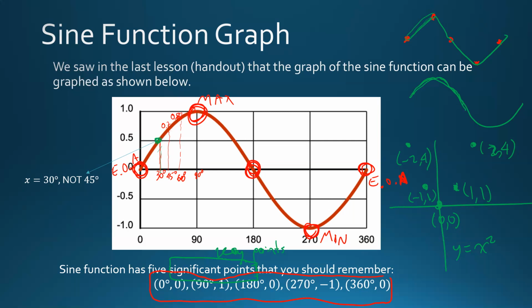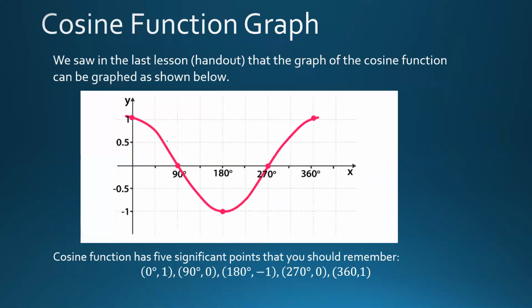It actually belongs to 30 degrees. If it was perfectly proportional, this would be at 45 degrees, but we can clearly see it doesn't go straight through like that, so it's symmetrical. I'm hoping that makes sense. Really, you just have to memorize those key points. I cannot say that enough.